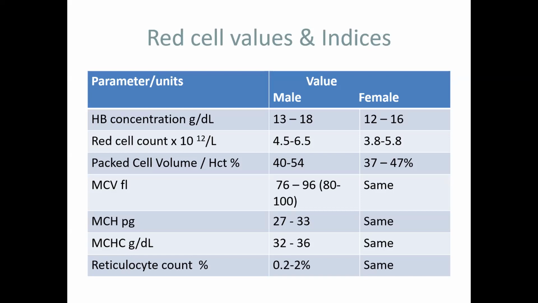In a particular volume of blood, it gets the size of all those cells, then just gets an average. That's why we call it mean cell volume. It will give you just one figure.